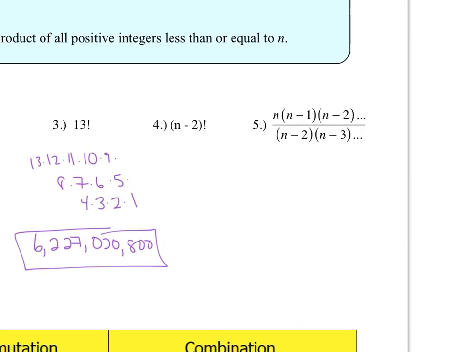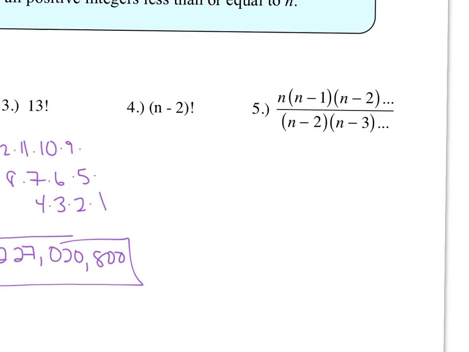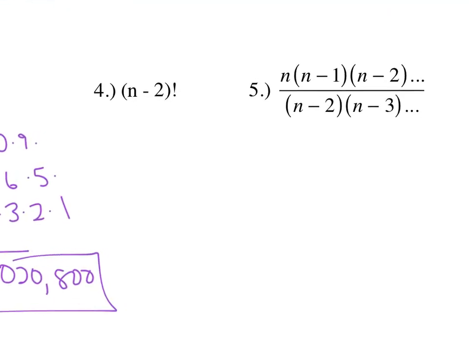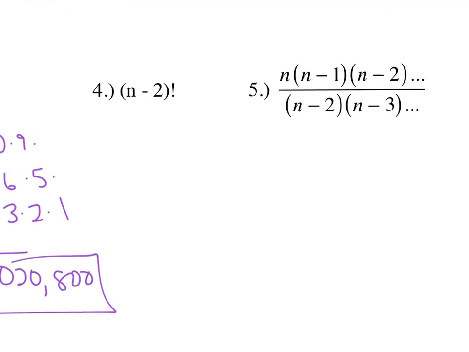For number 4, it's a little bit different because we can't type this in the calculator. So for number 4, n minus 2 factorial means that you're going to start with n minus 2, and you're going to multiply that by 1 less than that. So when you take 1 less than that, you end up with n minus 3.